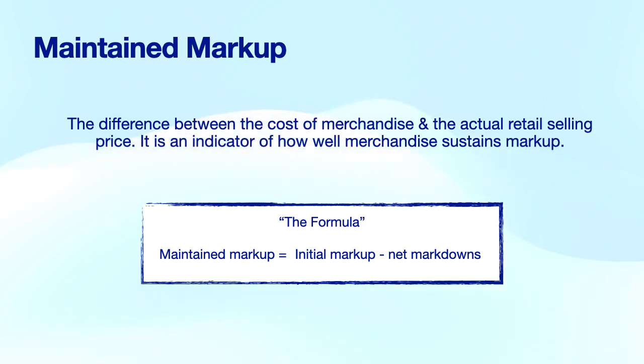When goods are sold at the original price, maintained markup and initial markup are equal. Your gross margin can actually be determined from your maintained markup. You can get this by subtracting the transportation and the workroom costs and then adding in any cash discounts. So how do you calculate the maintained markup though? You'll take your initial markup and you'll subtract your net markdowns.